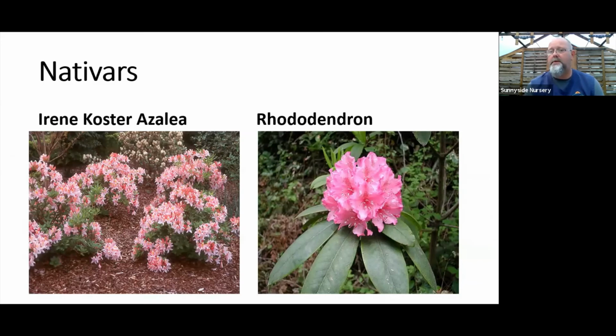That's one we sell a bunch of here. We have one again on the property. But if I like the pink, I like the fragrance, and I like the idea of a native type Western azalea or Western rhododendron, plants like Irene Koster would be a great nativar choice, or a cultivar, again, of that Western rhododendron.